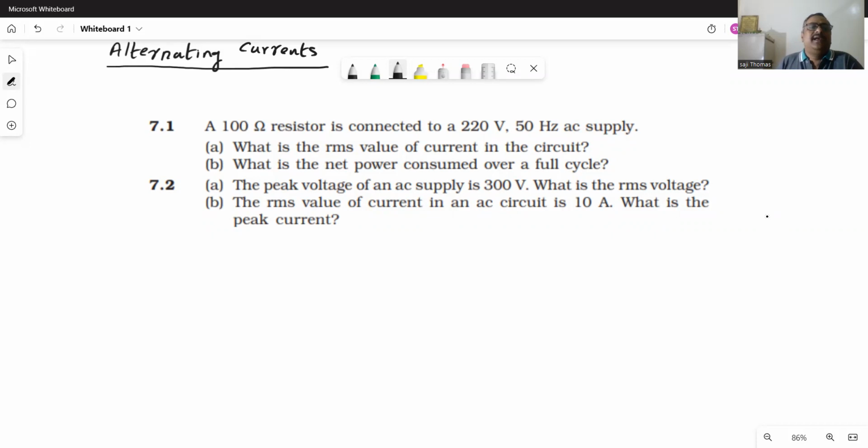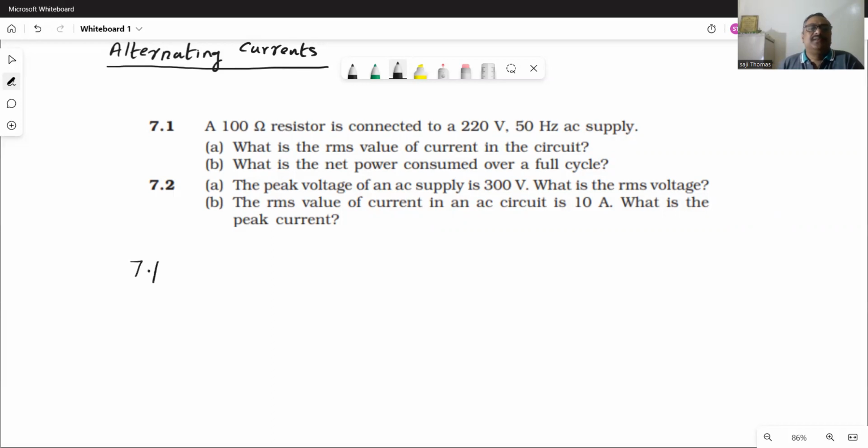Read the question. A 100 ohm resistor is connected to 220 volt 50 hertz AC supply. What is the RMS value of current in the circuit? What is the net power consumed over a full cycle? See, it is given the voltage and frequency together.